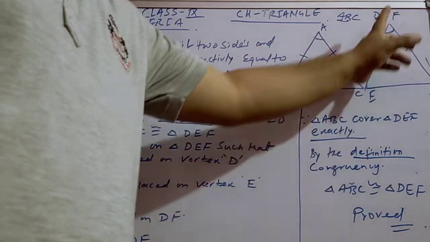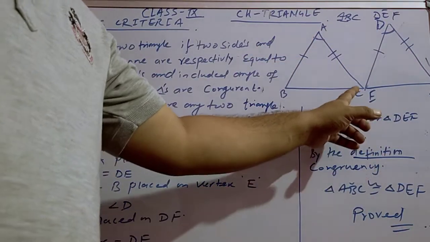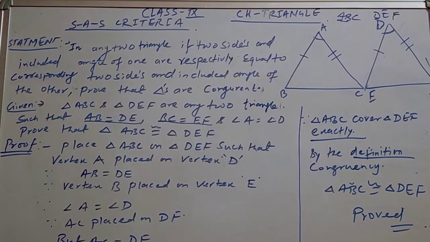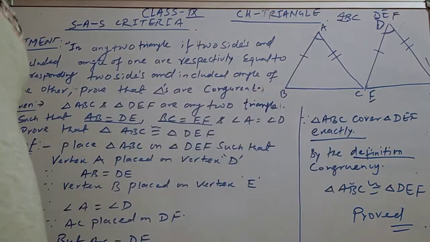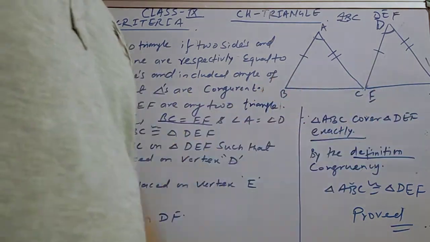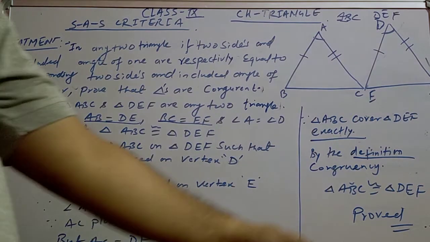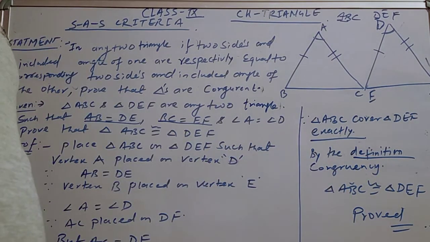Now AC is equal to DF here, so you can say that vertex C is placed on vertex F. Now you can say sir triangle ABC covered triangle DEF exactly. So by the definition of congruency you can say that triangle ABC is congruent to triangle DEF.